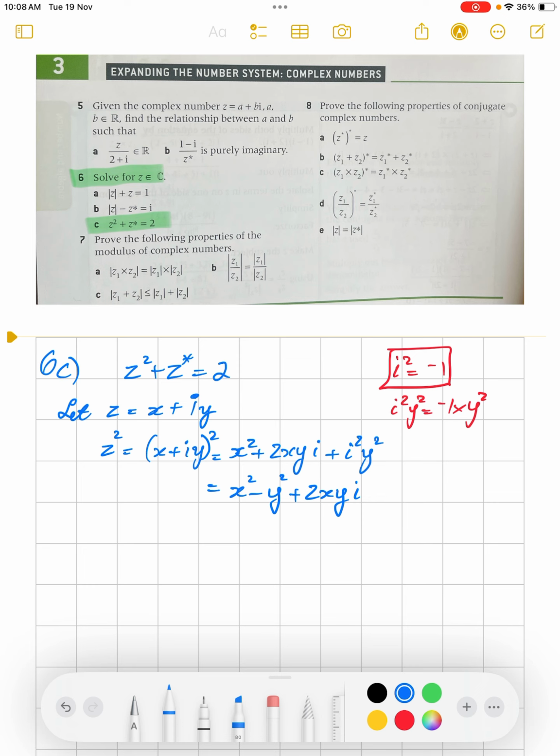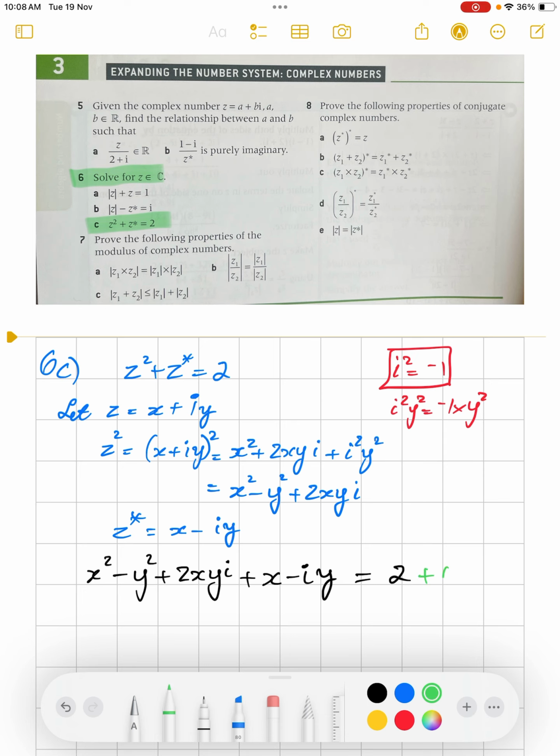Now, the conjugate of z will be x minus iy. So let's do this. z squared is x squared minus y squared plus 2xyi. Add our conjugate, which is x minus iy, and let that equal 2.